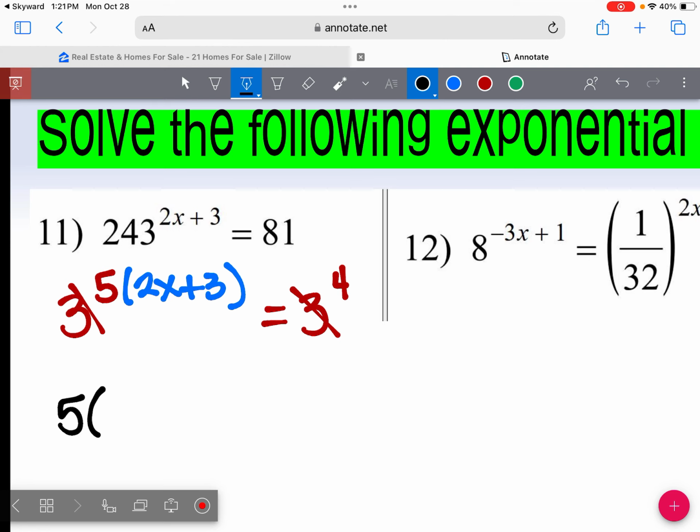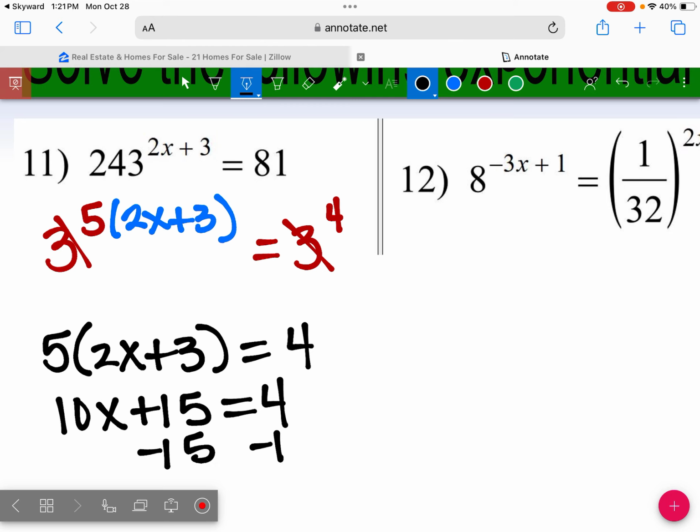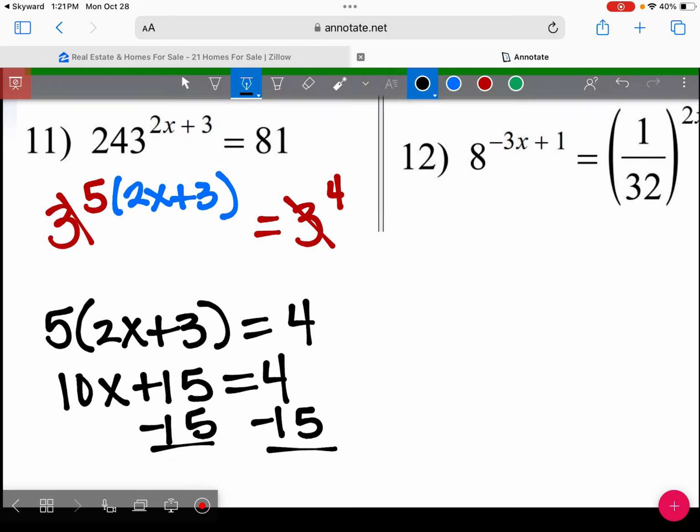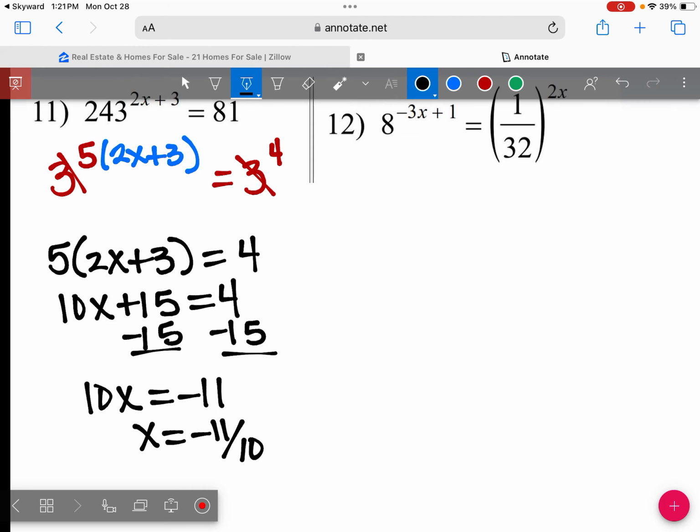So 5 times 2x plus 3 equals 4. Distribute the 5. Subtract the 15. And divide by 10. So you should have x equals negative 11 over 10. And most people had that answer, so good job.